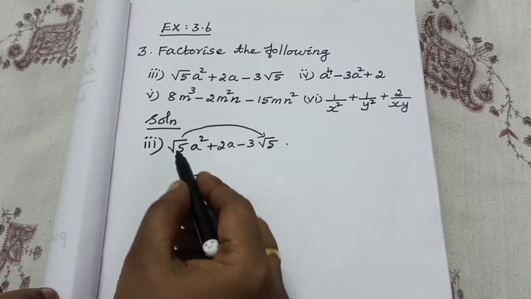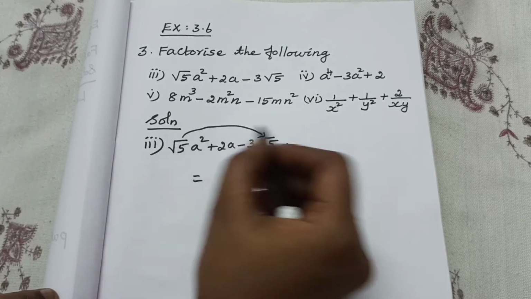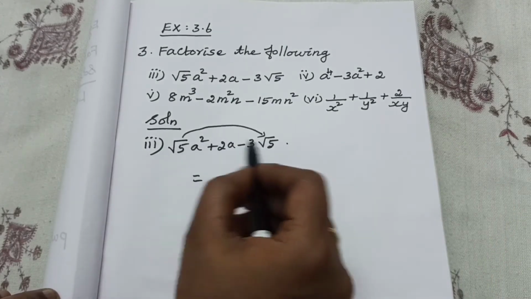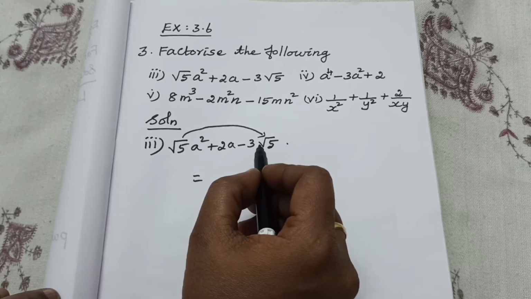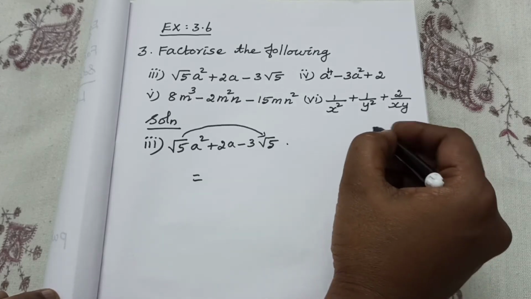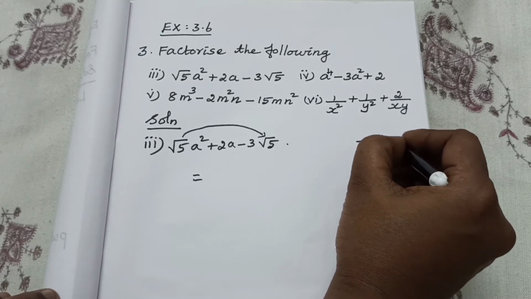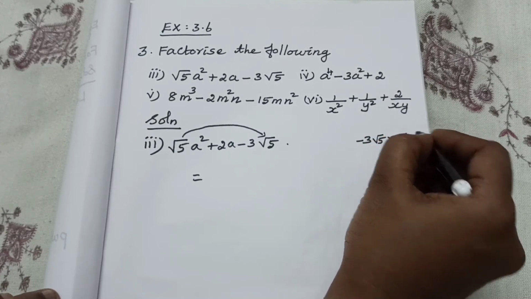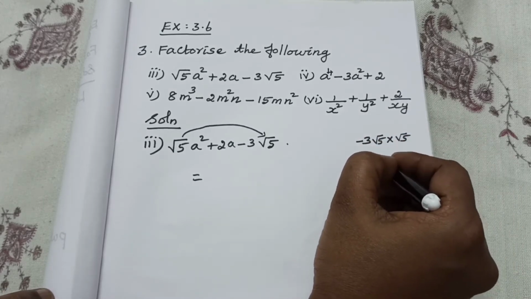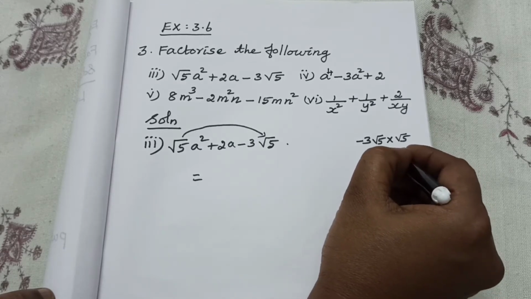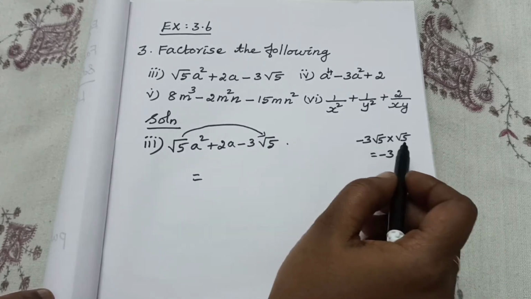And the coefficient of a square is root 5, isn't it? Shall we multiply root 5 into minus 3 root 5. Okay, minus 3 root 5 into root 5, multiply these two, equal to minus 3 into root 5 into root 5.